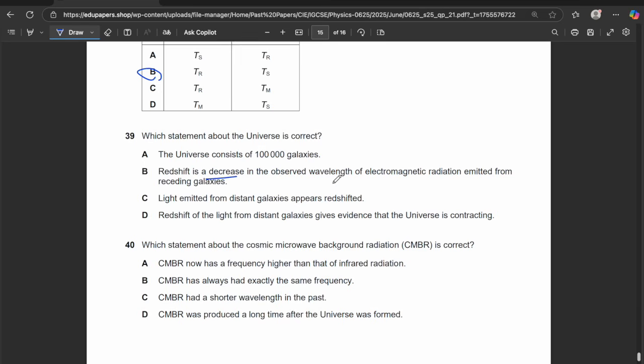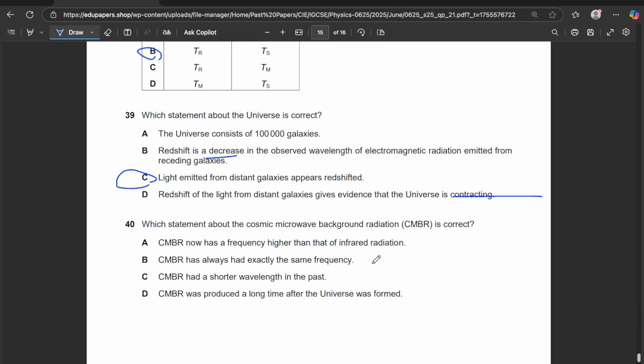It's an increase in observed wavelength of electromagnetic radiation emitted from galaxies receding from the Earth. C. Light emitted from distant galaxies appears redshifted. Oh, well, this is true because they are moving away from us, and the observed wavelength is greater. D. Redshift of the light from distant galaxies gives evidence that the universe is contracting. No, this is actually showing that it is expanding.